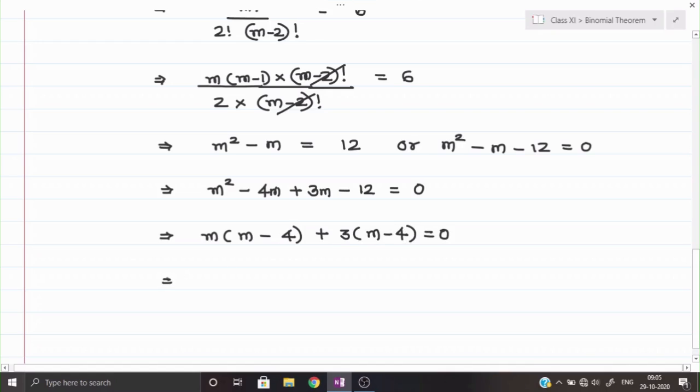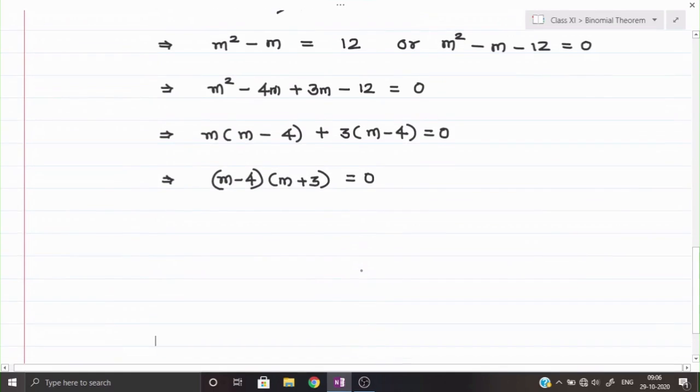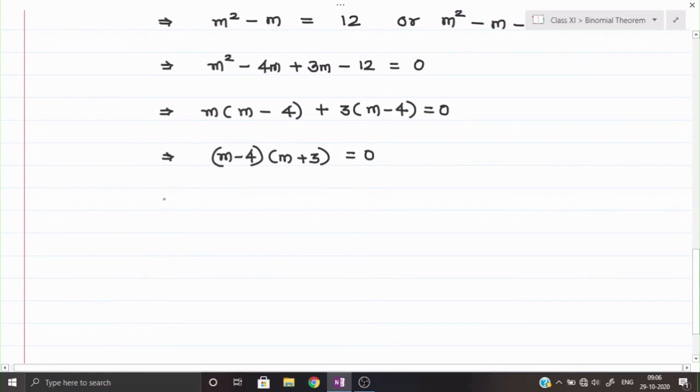So m minus 4 is coming common, remaining is m plus 3 is equal to 0. Now these two brackets I compare with 0, because the multiplication is 0, so one of them must be 0. So m minus 4 will be equal to 0 or m plus 3 is equal to 0. So the value of m I am getting here is plus 4 and minus 3.